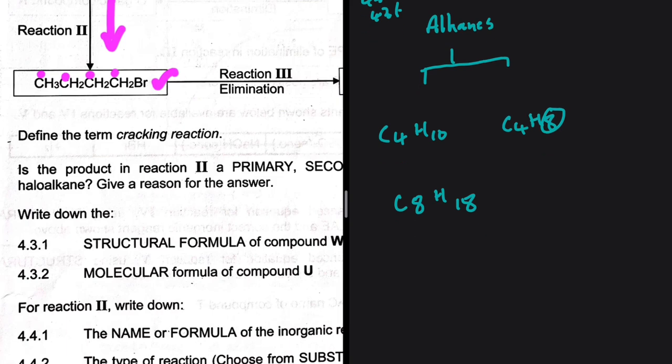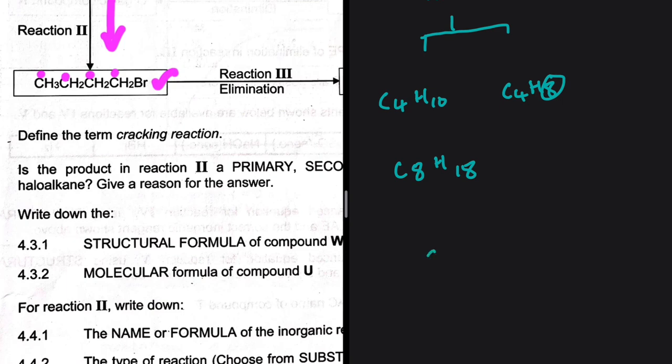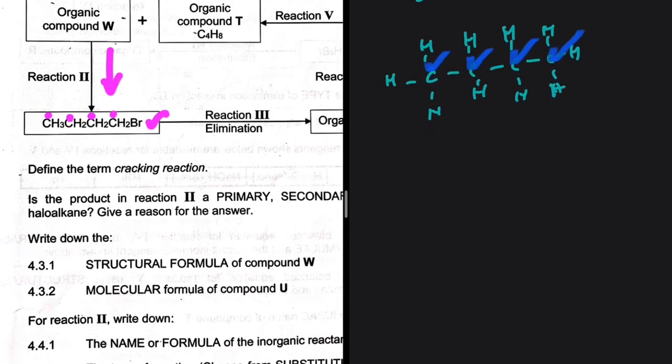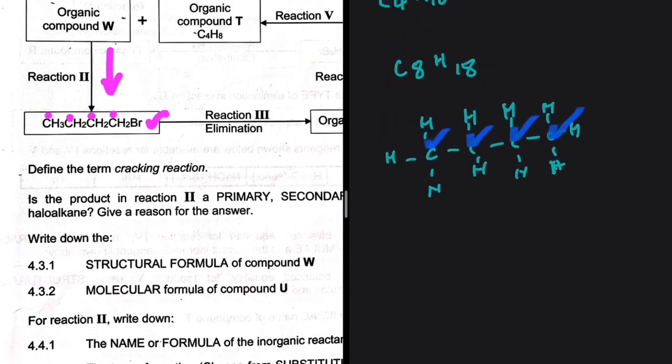So the structural formula of butane: we have a carbon with 3 hydrogens, carbon with 2 hydrogens, another carbon with 2 hydrogens, and the last carbon with 3 hydrogens. So this is 1, 2, 3, 4. That is compound W. Okay, so that is 4.3.1.